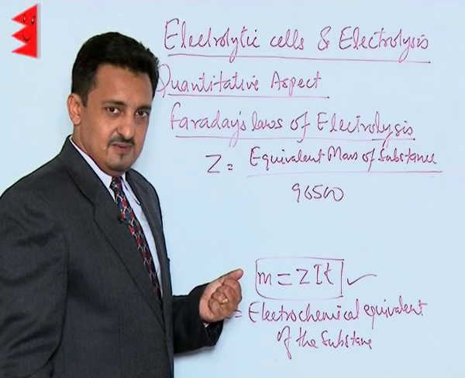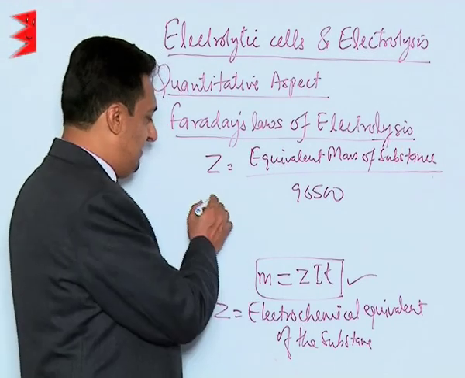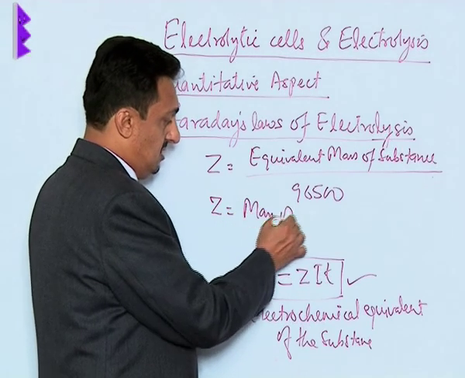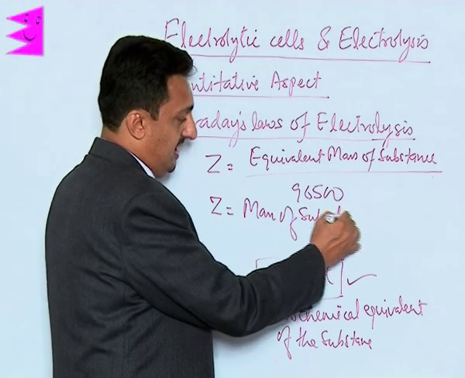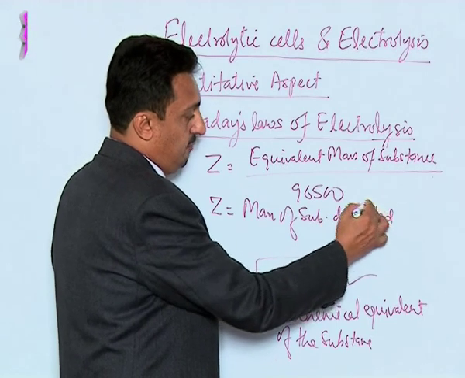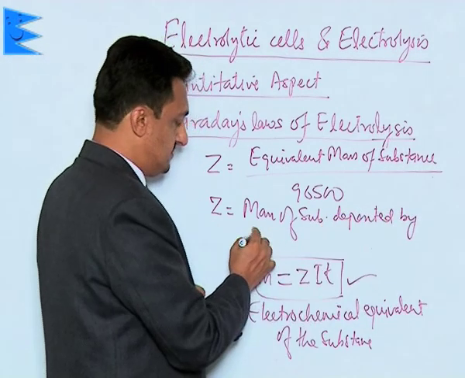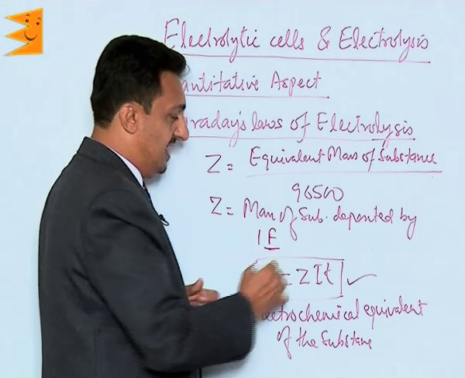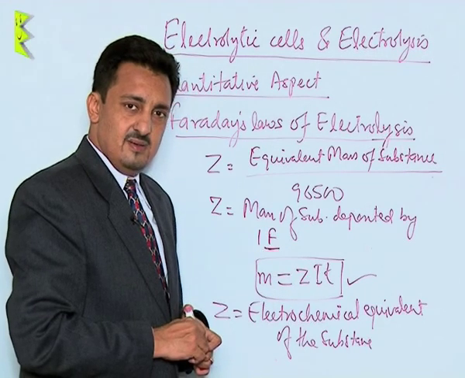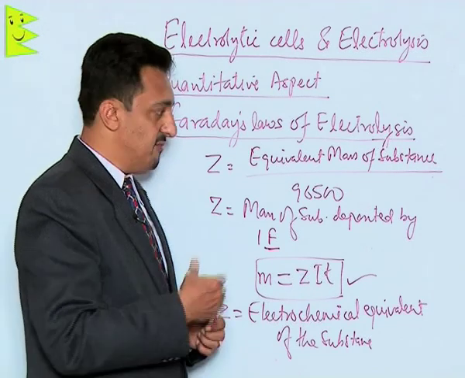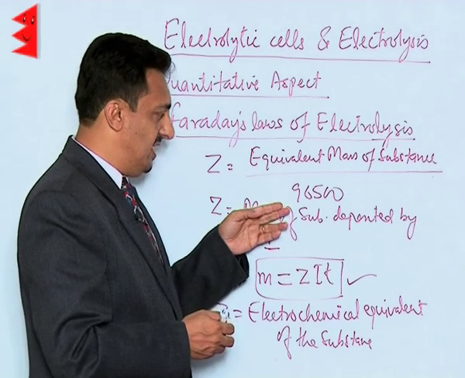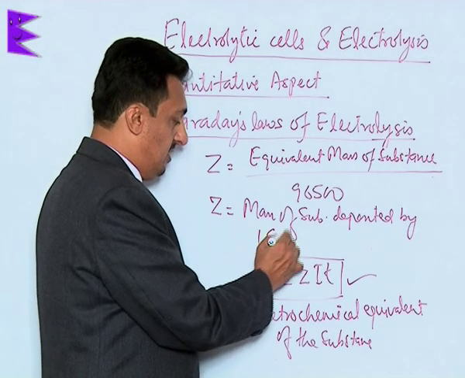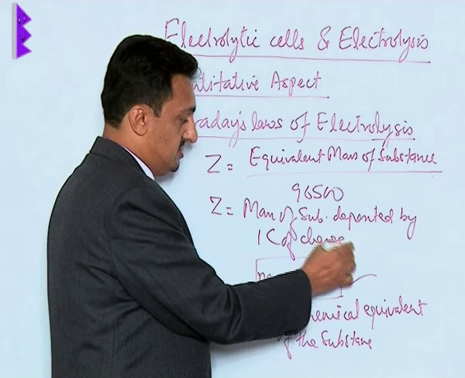We can define Z as the mass of substance deposited by 1 coulomb of charge.